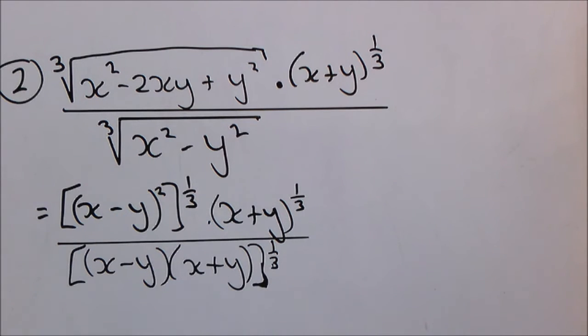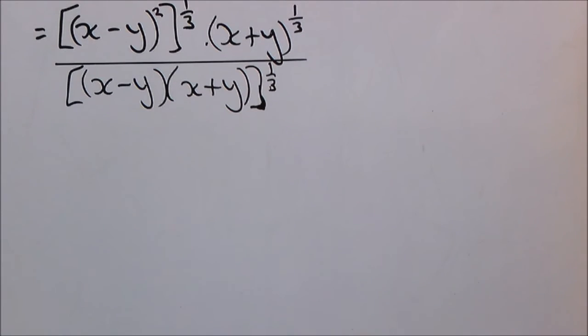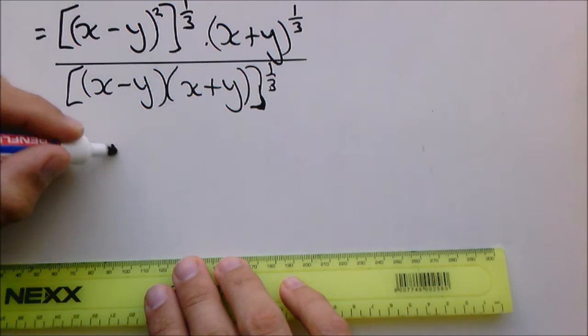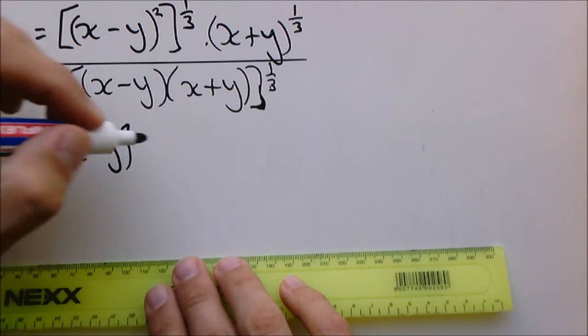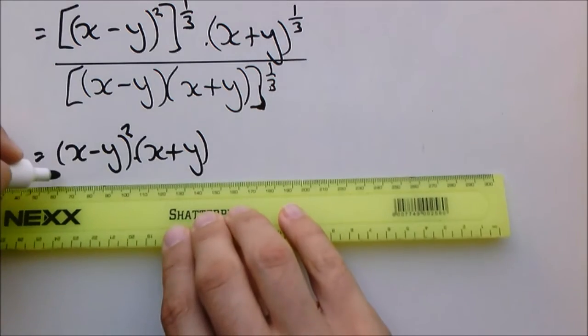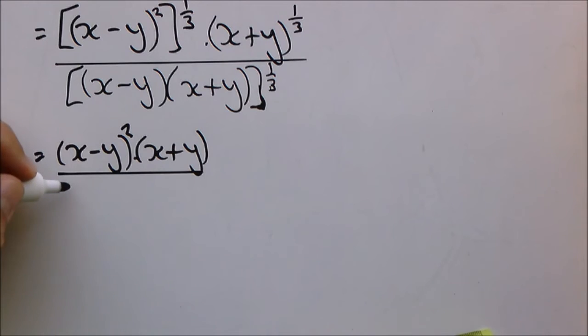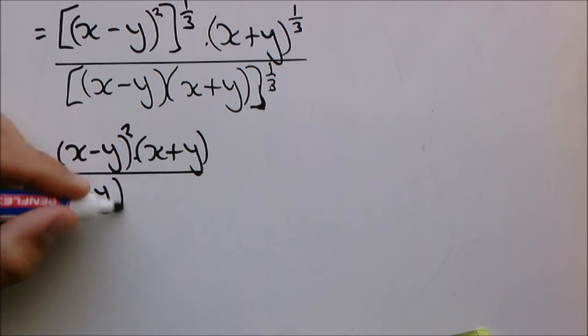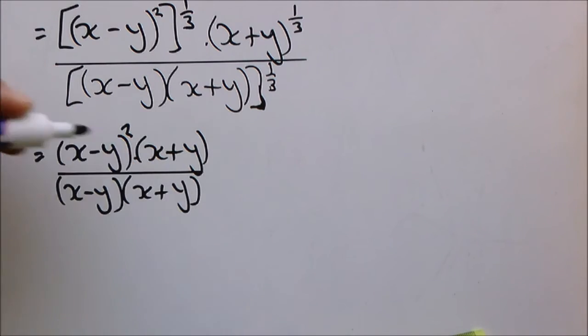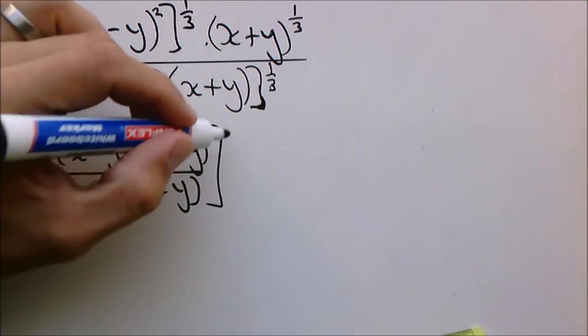So we can rewrite this as follows. X minus y in the bracket squared times x plus y divided by x minus y times x plus y, all of it to the power of a third.